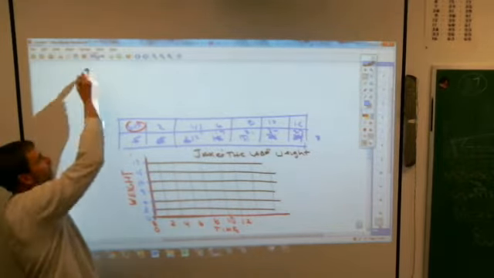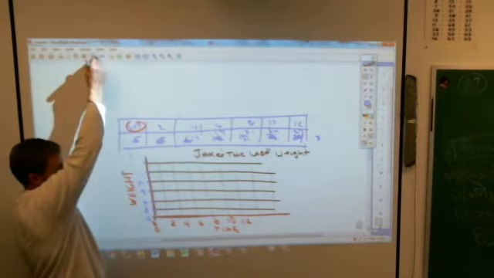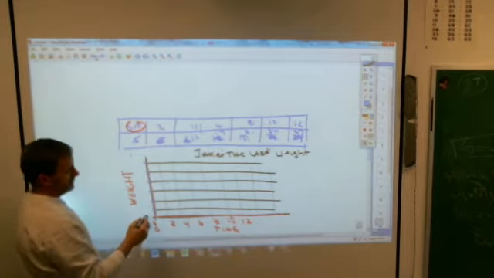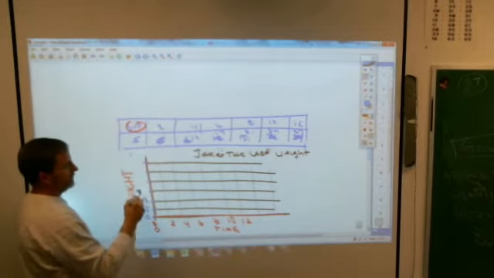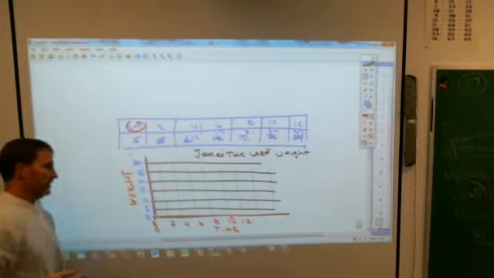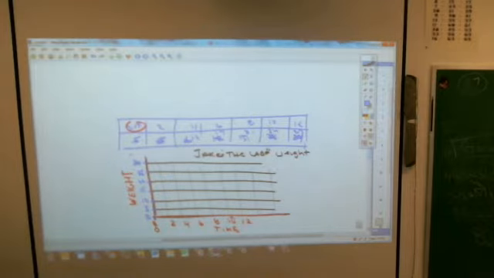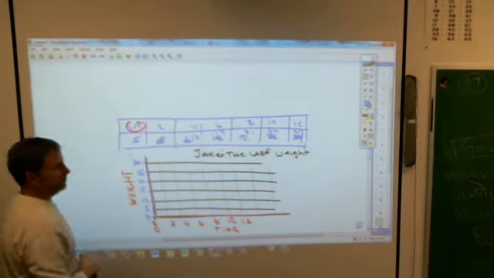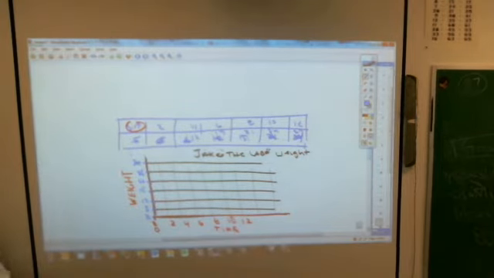If every one was 5, let's see, would that help us out? 0, 5, 10, 15, 20, 30. That's what I do. I think 5 would be a good one. So go ahead, label your horizontal axes as that, and then plot your dots and connect your lines and see if yours looks like the one that the book has.